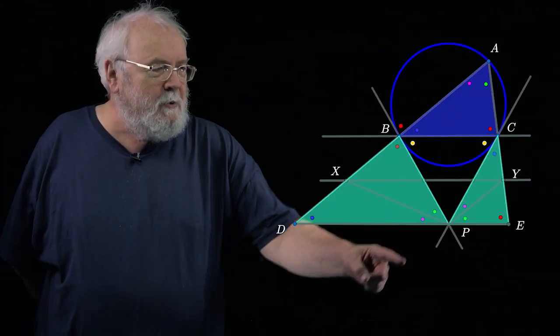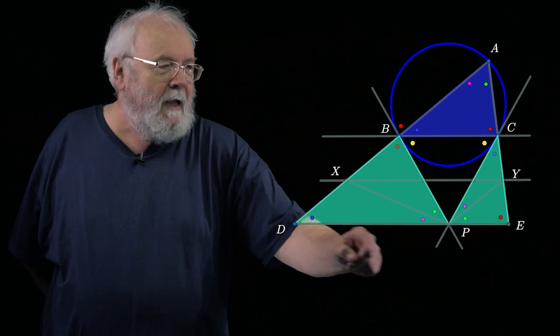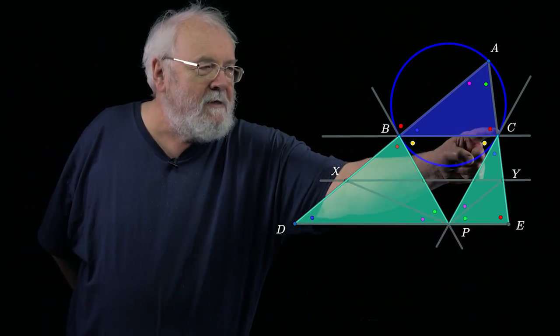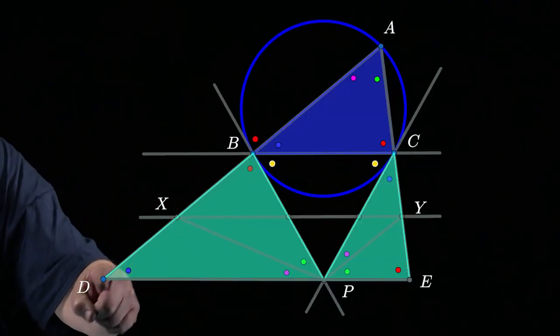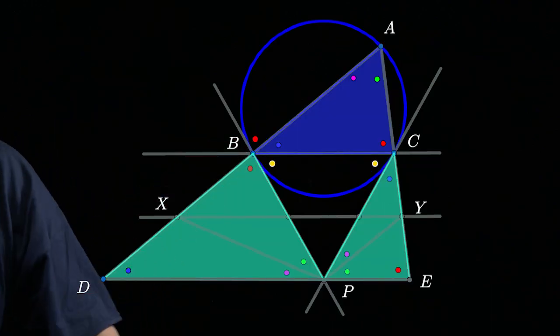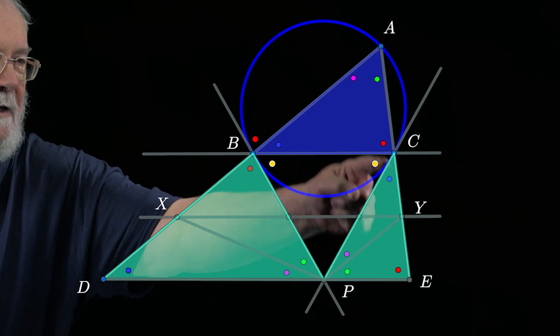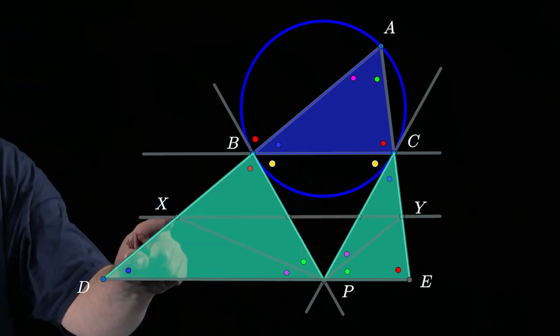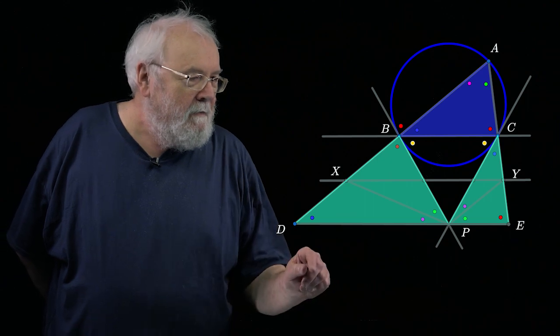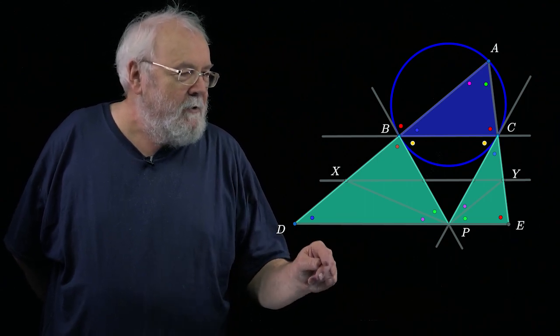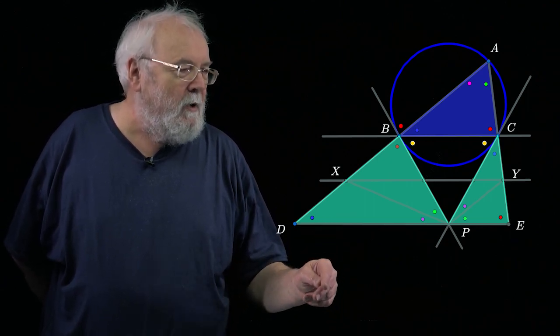The similarity between PBD and PEC takes the midpoint of this side to the midpoint of this side. That is to say, the similarity carries X to Y. That means that you get more angle equalities.